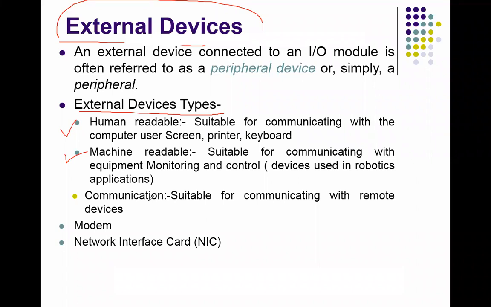The sensor detects the obstacle and your robot is changing direction, but you cannot understand that signal, while a robot can. So there are external devices that the machine can understand, like different types of sensor equipment which are used for monitoring and control.